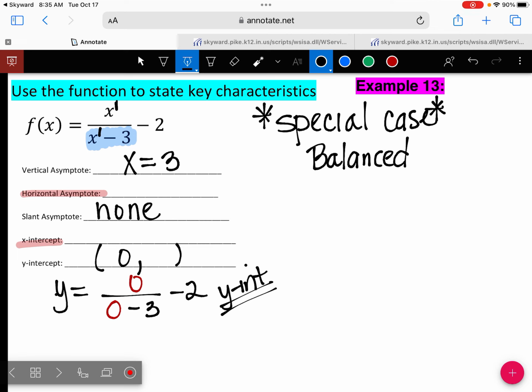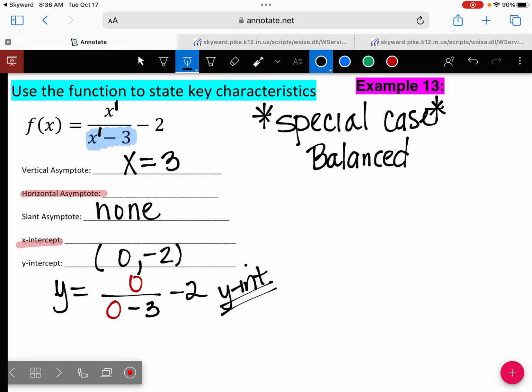Type that in. You should get -2. Who got -2?